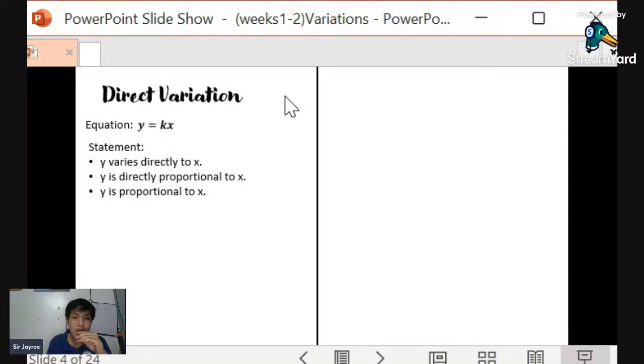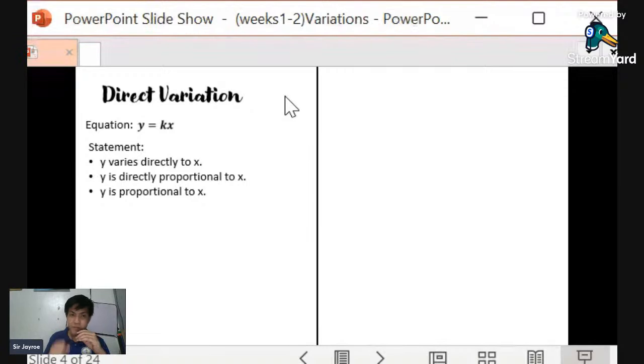The other statement could be y is directly proportional to x. And then the last one is y is proportional to x. So madali lang namang matukoy kung yung statement ay direct or inverse or joint or combined. So if you're going to take a look here in direct variation, meron tayong word na directly. So in short, kapag nandyan yung word na directly, so that is direct variation.